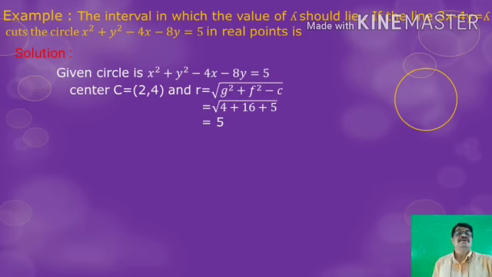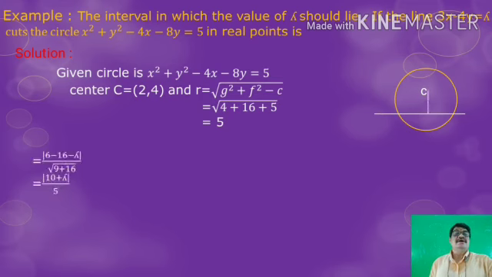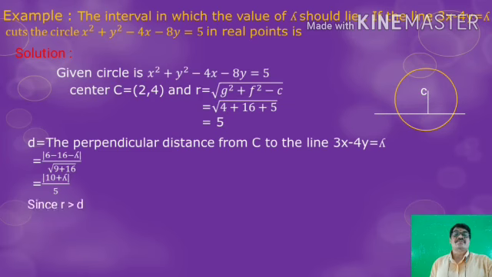See this circle. This is the center. The given line intersects the circle at 2 points. Now first we have to find the small d. What is small d? The perpendicular distance from the center to the line.